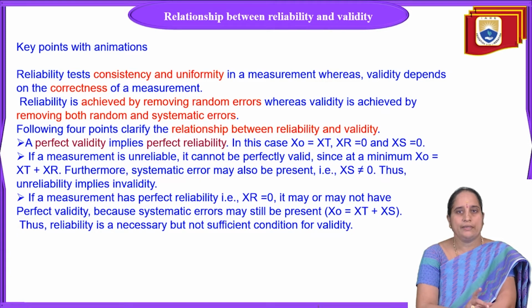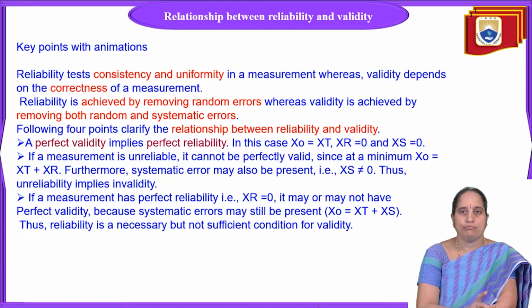A perfect validity means whatever measurement you are going to use in the data, that is perfect. So a perfect validity implies perfect reliability.